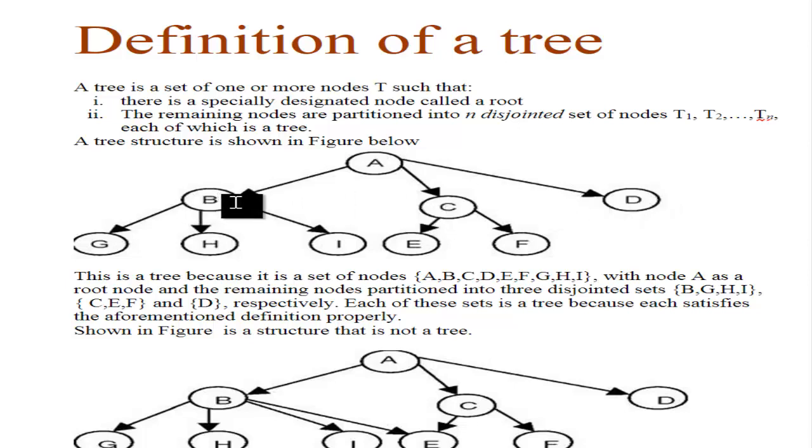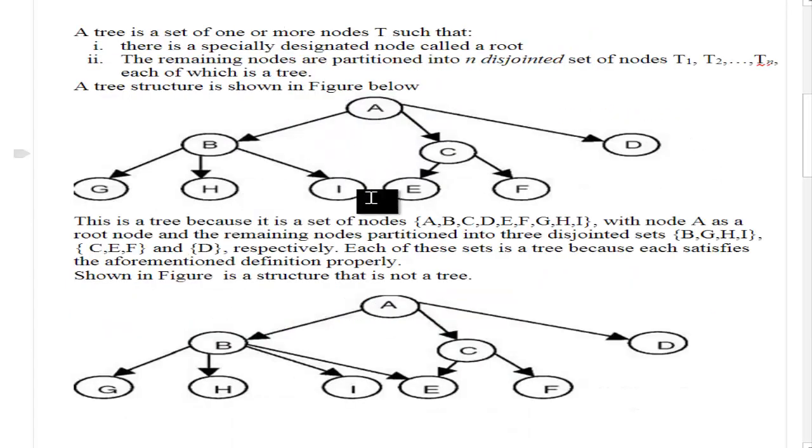So they have to be partitioned into disjoint sets. Say for instance, this is T1, this is T2, and T3 and so on. So this is a tree because we have a set of all these nodes, and the important thing is we have 3 disjoint sets, if it can be partitioned into that.